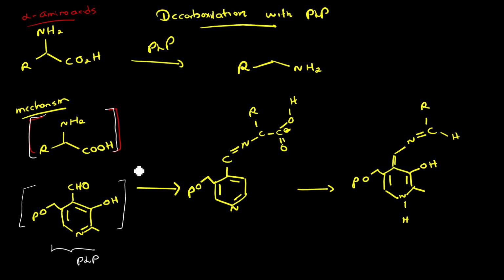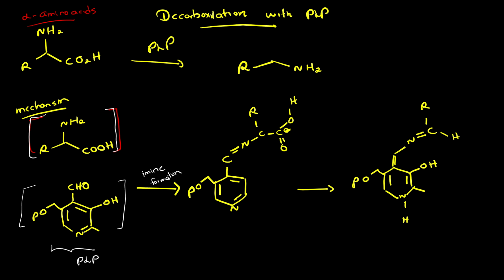This is the PLP. Now, when the reaction occurs, the first one is the imine formation. I haven't drawn the mechanism for the imine formation because there are a few steps in imine formation which are very fundamental organic chemistry. I hope you know it.